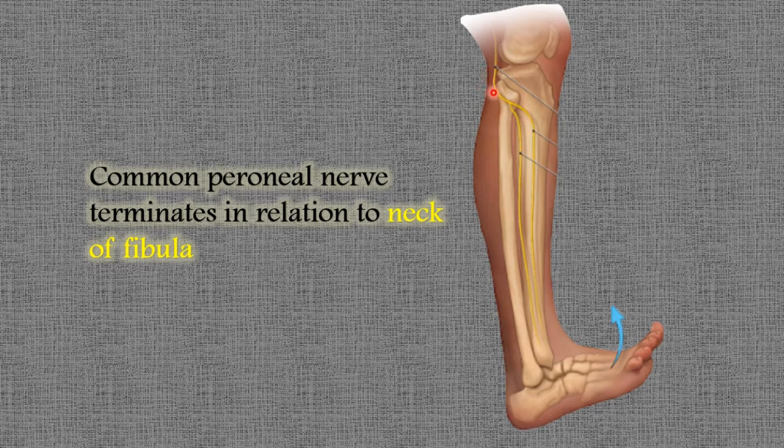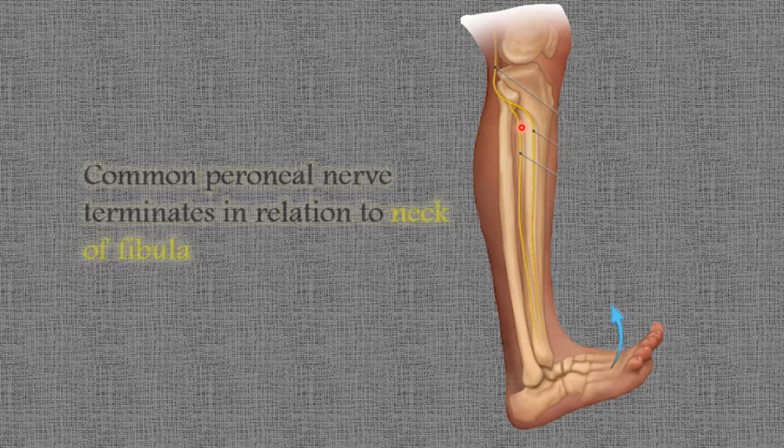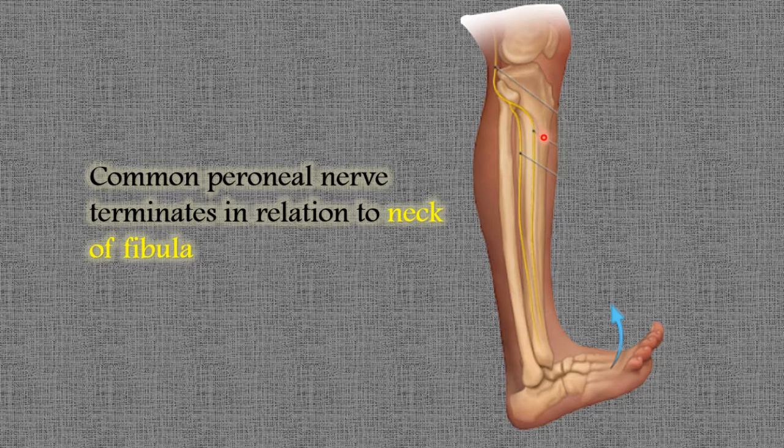Then the nerve bifurcates into two terminal branches, the deep peroneal and the superficial peroneal. The deep peroneal enters and supplies the anterior compartment, whereas the superficial peroneal stays in the lateral compartment and supplies it.